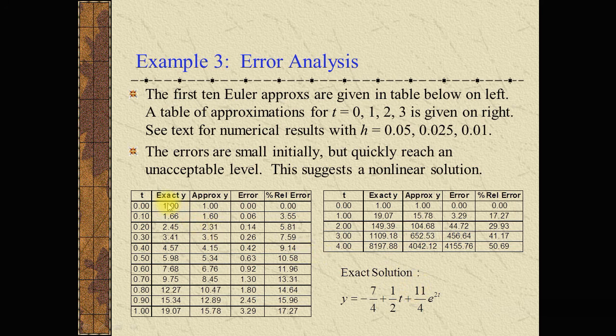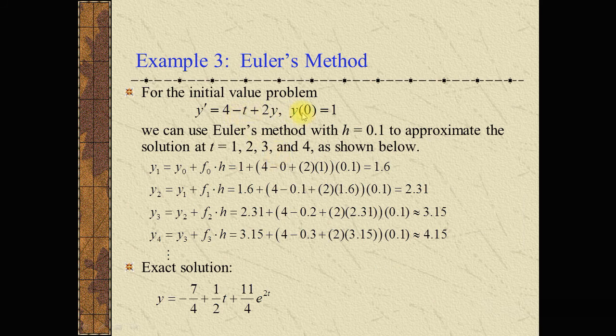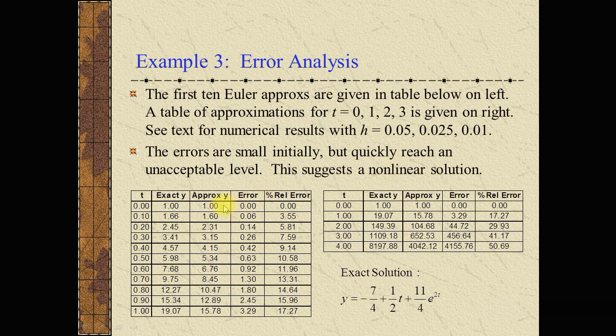So this is the exact solution, and the approximate solution for t is equal to 0 is also given in the problem: for t is equal to 0, the value of y is 1. So the approximate solution is y is equal to 1, and the exact solution is y is equal to 1. So there is no error and there is no percent relative error.